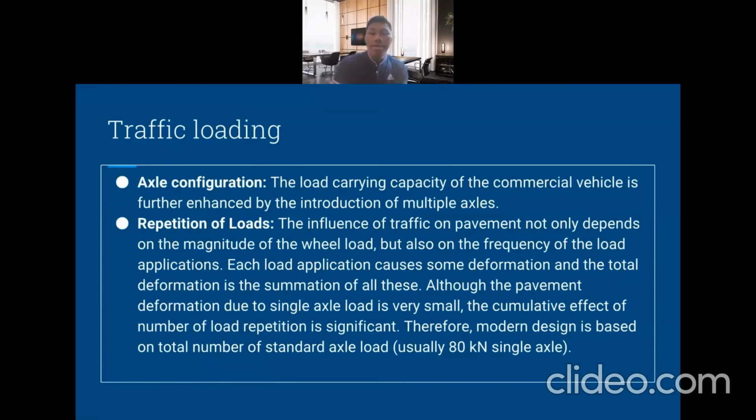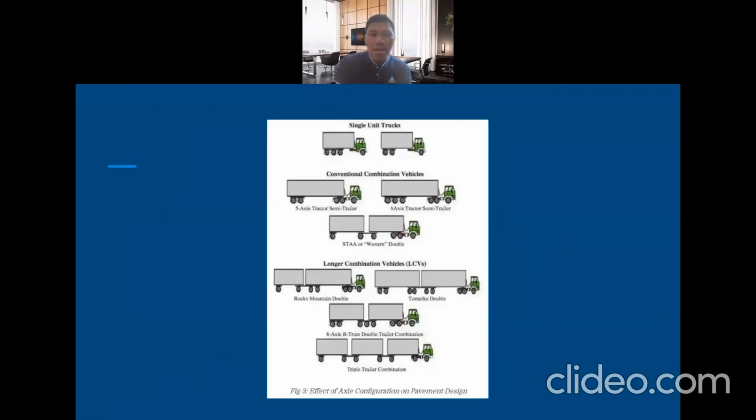Therefore, modern design is based on the total number of standard axle loads, usually about 80 kilonewton for single axle. So this figure shows the charts of the effects of axle configuration on pavement design. Here you can see a single unit truck, a conventional combination vehicle, and also a longer combination vehicle.